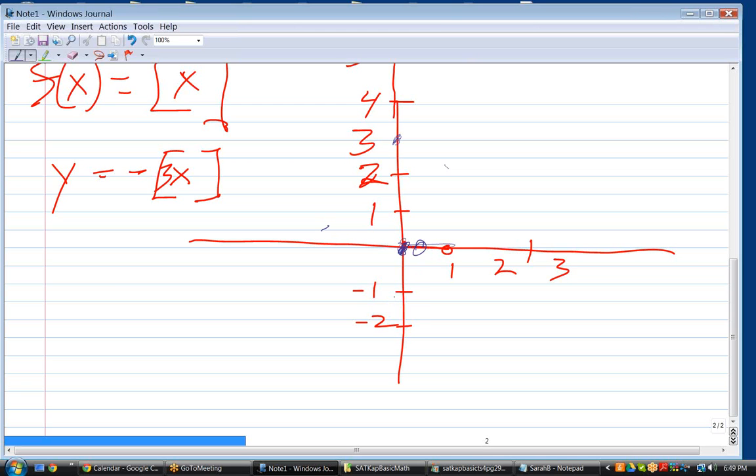From 1/3 to 2/3, we're going to be here. And from 2/3 to 1, we're going to be there. Now that should reflect that. If we plug in some numbers, I believe it does. Does it not? Let's see.